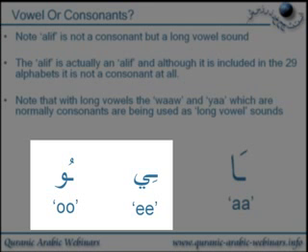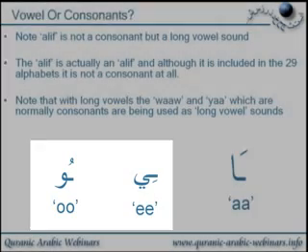They're helping to lengthen the sound of the previous sound. Okay, so the ya and the wow play a double role in Arabic. They can sometimes act as consonants, they can sometimes act as long vowels. So if they have a sakin or they have no marking at all, they're normally acting as long vowels.